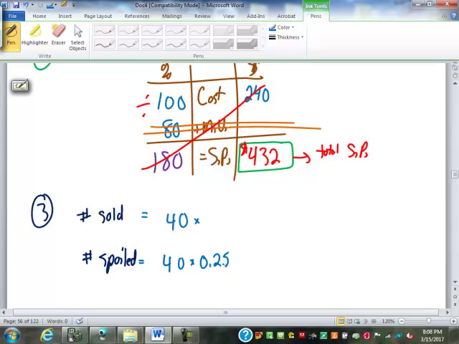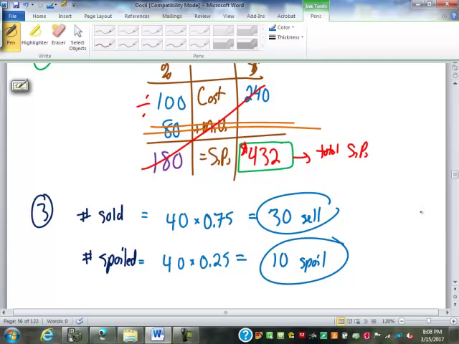Spoilage rate was 25%, so 25% spoil, 75% will sell. So 40 times 0.75 is 30. It will sell. 40 times 0.25 is 10. Spoil's a bad word for a shirt, but that's our term we've been using, so we'll stay consistent. 10 will not sell.